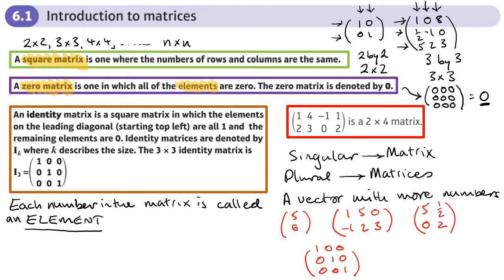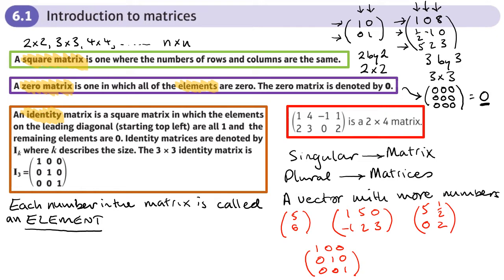It might be square, it may be rectangular shaped, it may be of any size, but all of the elements in it are zeros.